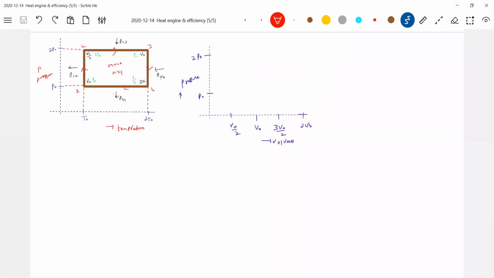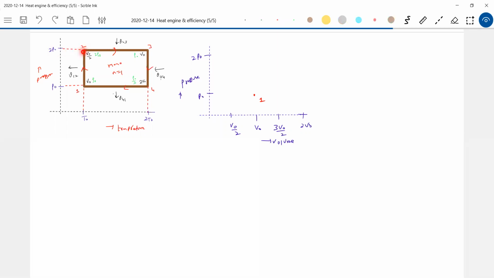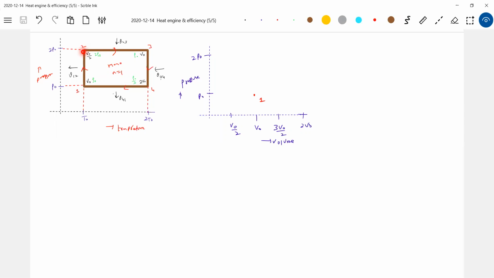Okay, similarly, let's identify. What is point 1? P naught, V naught. What about point 2? 2 P naught and V naught by 2.